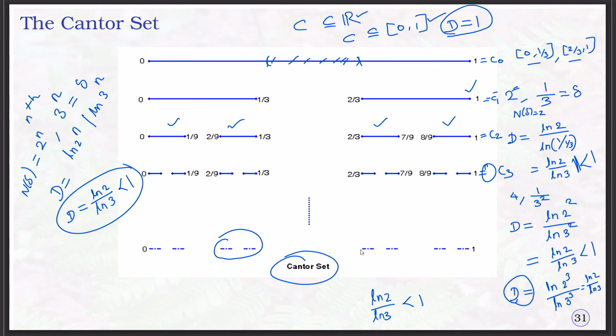Whether you zoom in or zoom out, you will not find any smoother part. Also, it is made up of finite copies of itself. Therefore, the Cantor set is a classical example of a fractal.